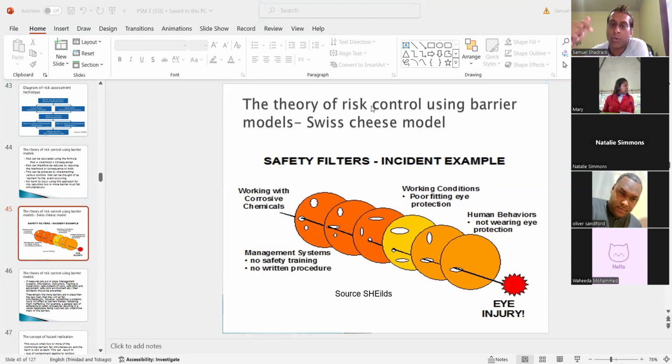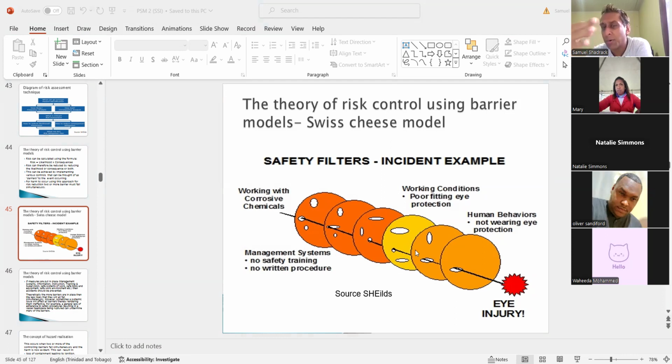Those slices have holes in them. And what he was saying was that for the accident to happen, all the things that could go wrong have to go wrong. It's kind of like Final Destination, if you all saw that movie. So the person not wearing PPE or eye protection had to go together with the person not being supervised, so there was no supervisor there at that point in time. And there are a lot of other things that had to line up.